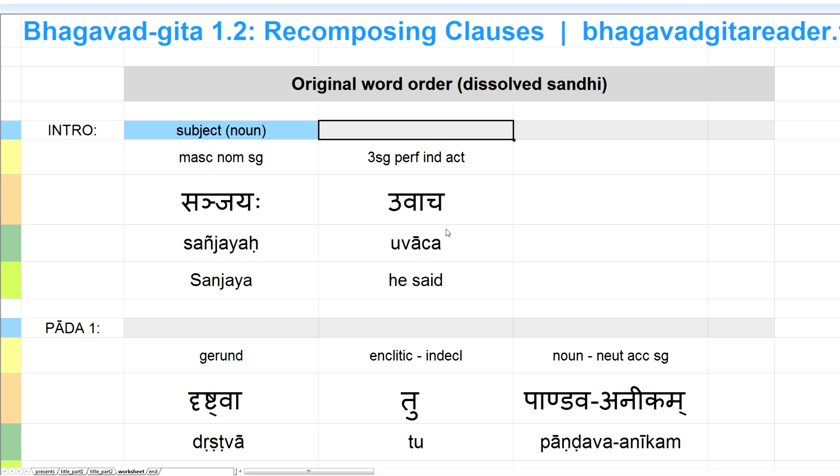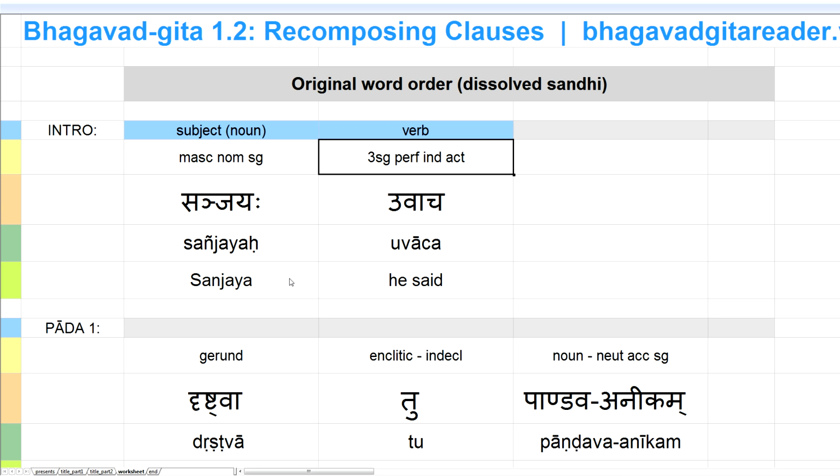And here, of course, we are in the intro, so we already know very well that this is a short sentence. So this is the main verb in third person singular, perfect indicative active.